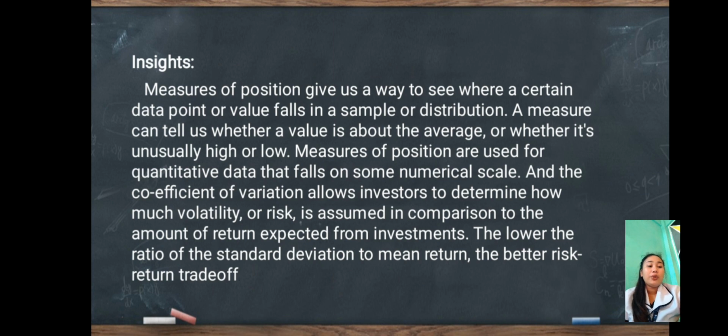Measures of position are used for quantitative data that falls on some numerical scale, and the coefficient of variation allows investors to determine how much volatility or risk is assumed in comparison to the amount of return expected from investments. The lower the ratio of the standard deviation to the mean return, the better the risk-return trade-off.